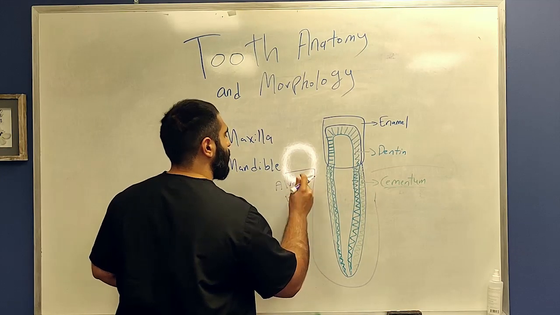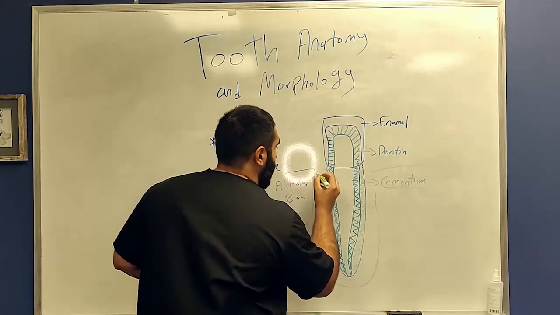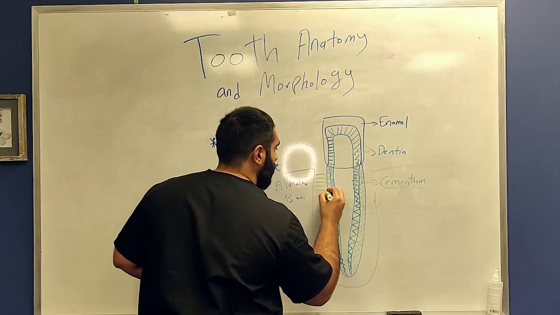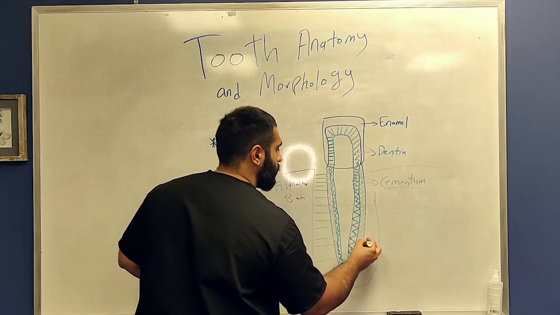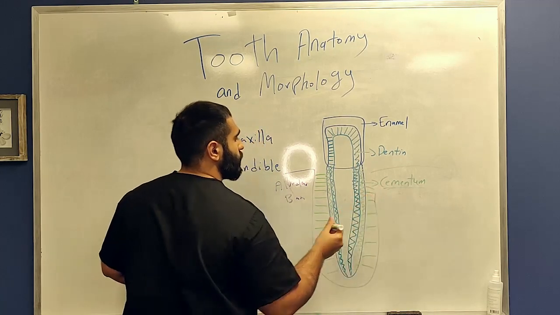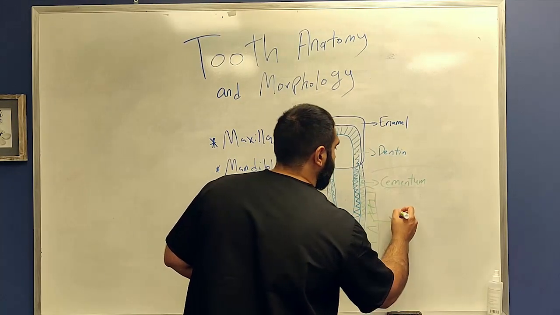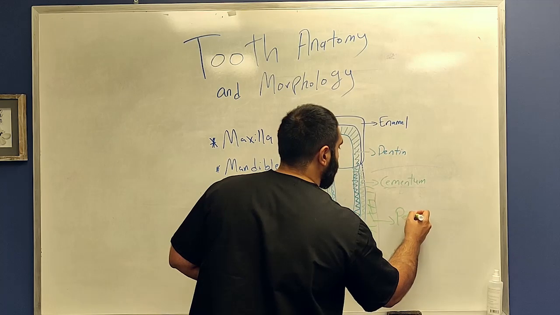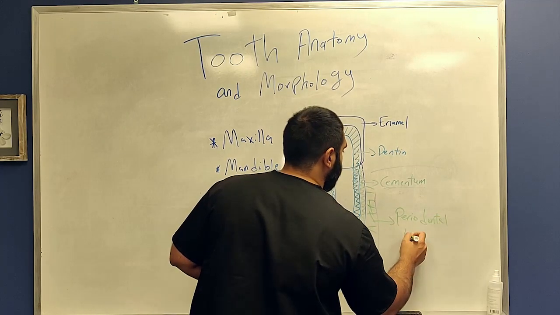And the way the alveolar bone holds onto the tooth is by ligaments that are attaching the alveolar bone to the tooth. And these ligaments are called the periodontal ligaments.